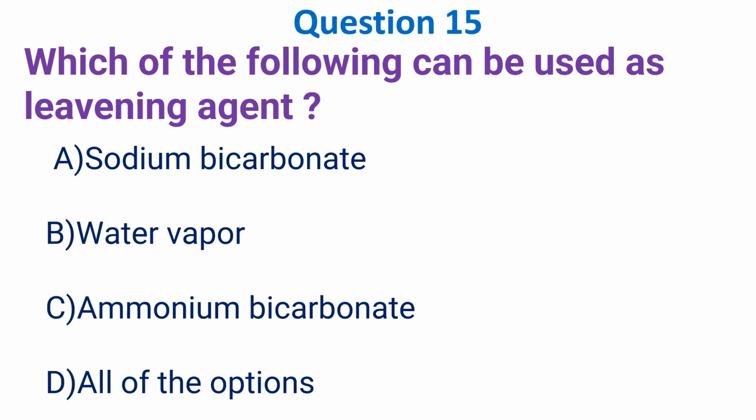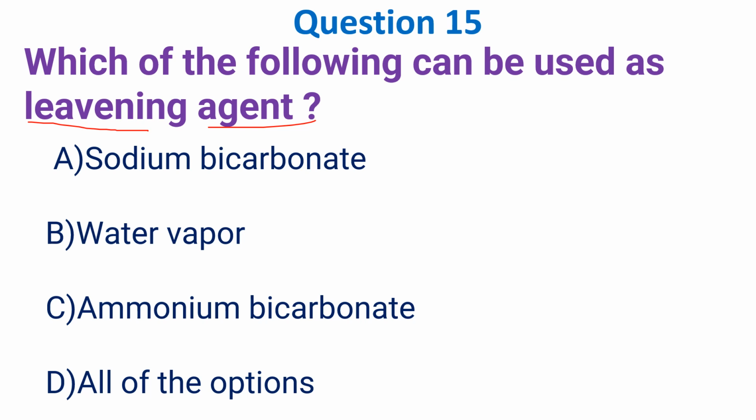Which of the following can be used as a leavening agent? What is a leavening agent? A leavening agent is a substance which is used in dough or batter to form a foam action in dough. A leavening agent is a mechanical action by which air is incorporated in dough and batter.